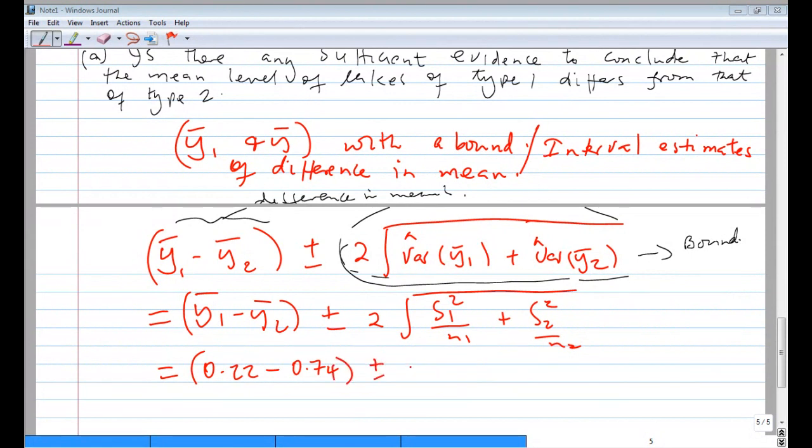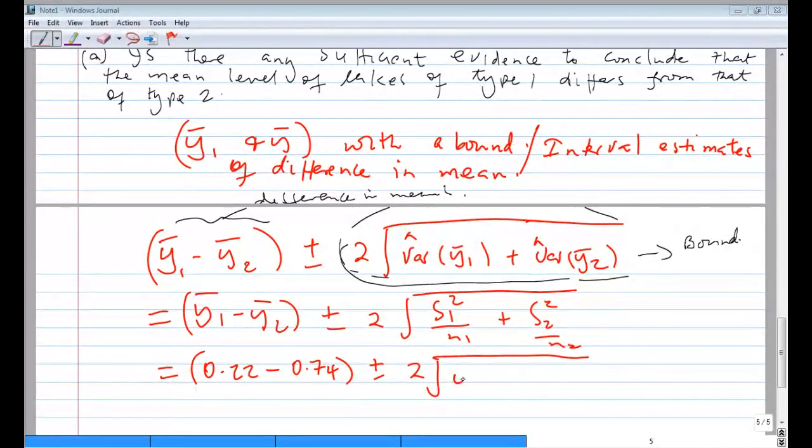Then plus or minus 2 times the square root of, what is the sample variance of the legs of type 1? 0.103 is the standard deviation.